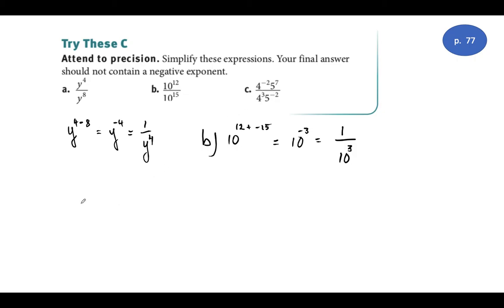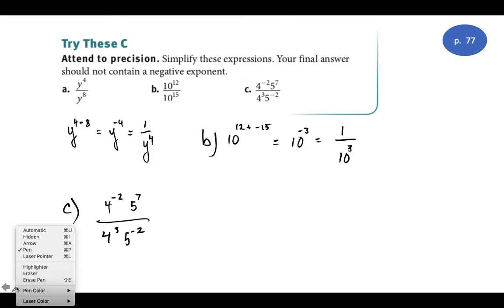So let's look at C. We have a lot of powers in there, and that makes it tricky. We're going to need to deal with these separately because I have 2 sets of powers with the same base.